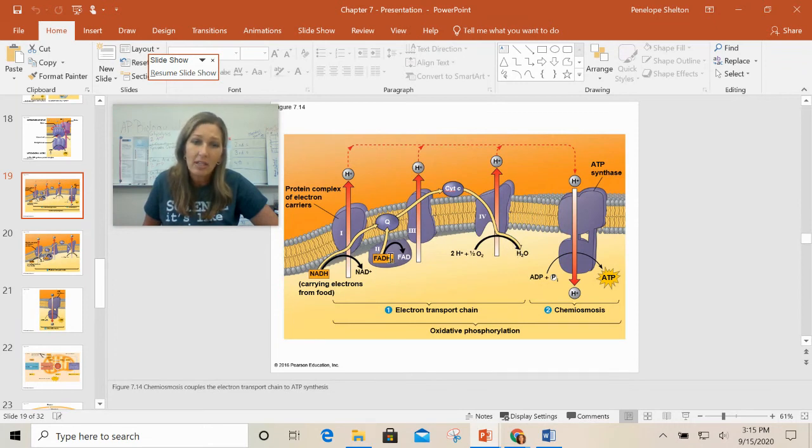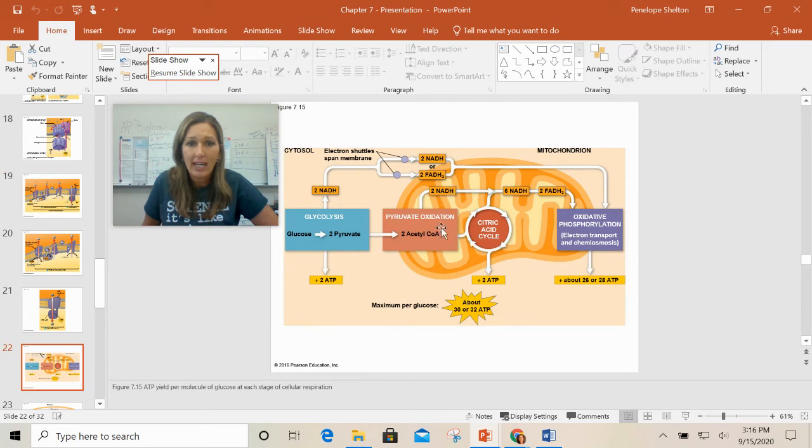Well, it has everything to do with these electron shuttles. If I stop electron transport, then FADH2 has nowhere to drop off its electrons. NADH has nowhere to drop off its electrons. And if I can't drop off my electrons, then there's no NAD+ or FAD to pick up electrons here. And so these systems actually stop as well.